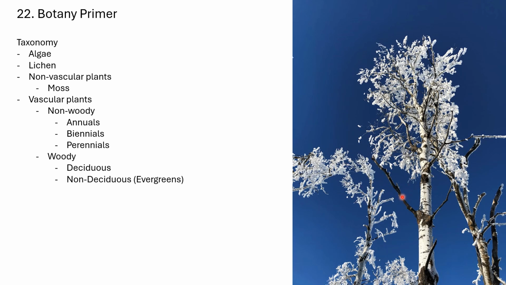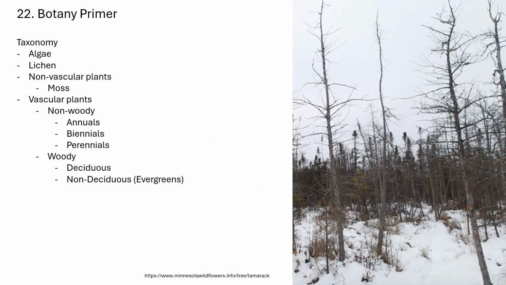And we want to remember that the tamarack, otherwise known as the larch, also does this. So it has needles for leaves, but in the fall it loses them, and it spends the winter without any leaves on it.